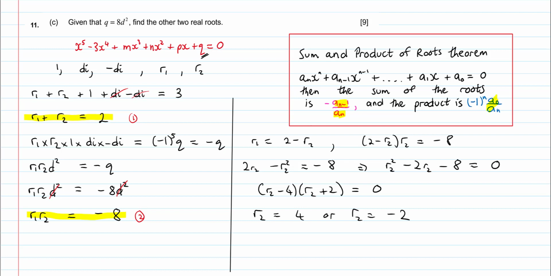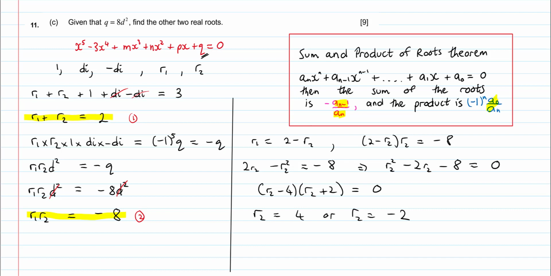So it doesn't matter which one we pick to be our root 2, because it's going to work out either way. So if we pick R2 equal to 4, well then R1 is going to equal negative 2, and if we chose R2 equal to negative 2, you could plug that back into equation 1 and you'll get our root 1 is equal to 4.